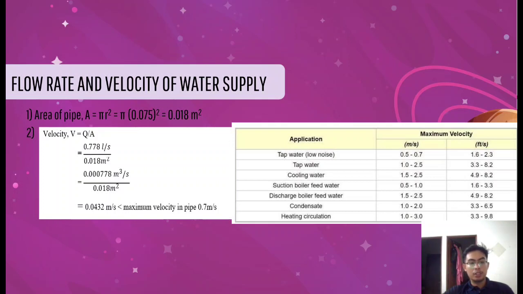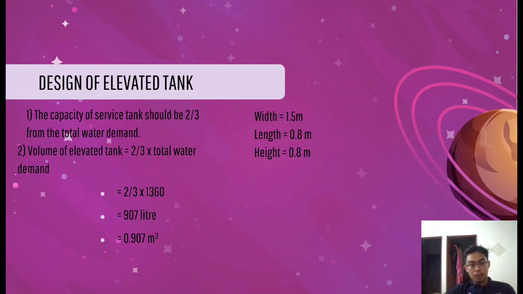usable velocity. Okay, the last part for my part is the design of elevated tank, which is the first step by using the rules, which is the capacity of service tank should be 2 divided by 3 of the total water demand.